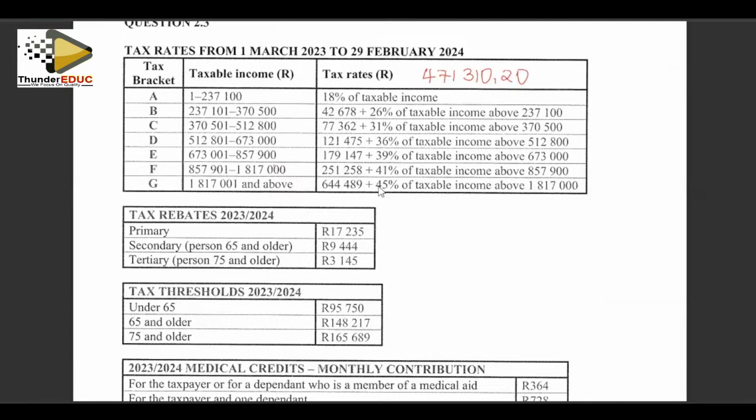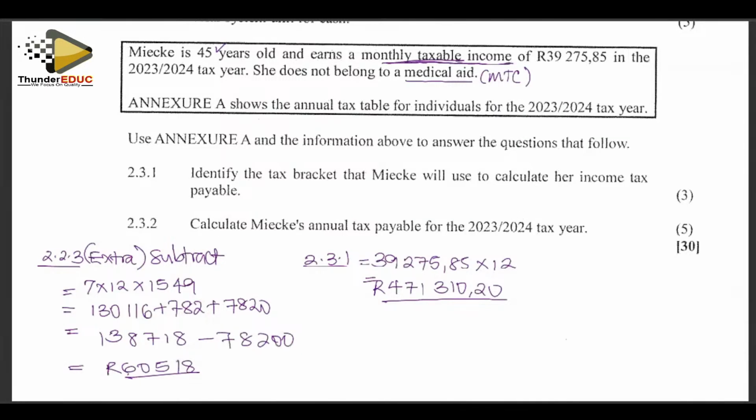So you come here, you check, it can't belong here. It has already passed that, but it's in between this. So it's bracket C. Here they're asking which bracket it will be? Bracket C. Even if you said bracket 3, you could be right. All we need to know, do you understand what's going on? Do you get the bracket correctly?